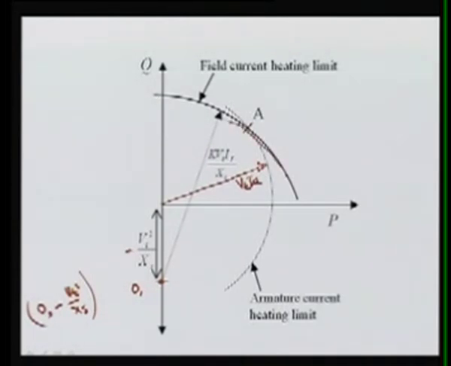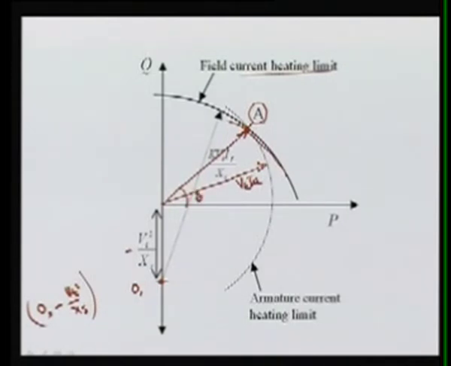Now, at point A, both curves, that is the armature current heating limit and the field heating limit, are intersecting, and this is basically the nameplate rating of the synchronous generator. At this point we say what is the power factor. This is your power factor, so I can say this is theta.